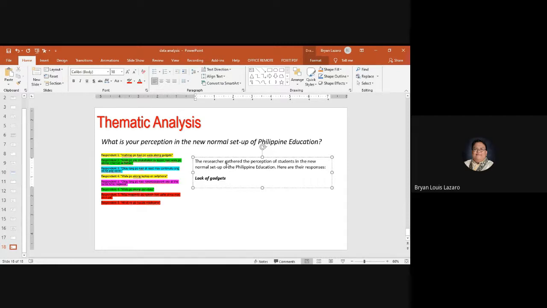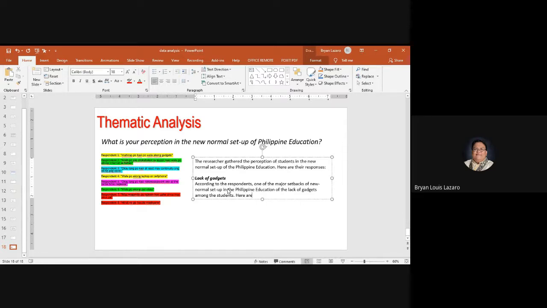So, halimbawa, lack of gadgets nakalagay dyan. According to the respondents, one of the major setbacks of new normal setup in the Philippine education is the lack of gadgets among the students.